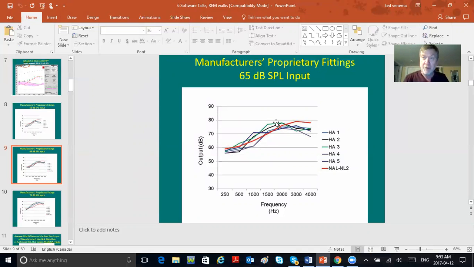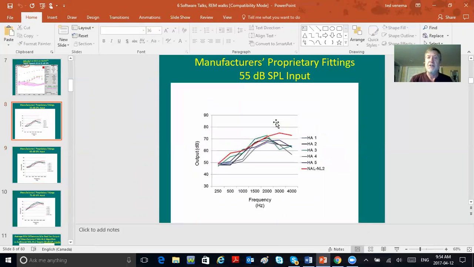So that's what the article means when it was saying that in a weird way, the manufacturers are almost acting in a more linear fashion because they're providing similar gain and output for soft and medium, whereas the NAL2 is looking at compression and it's backing off as the inputs get louder.